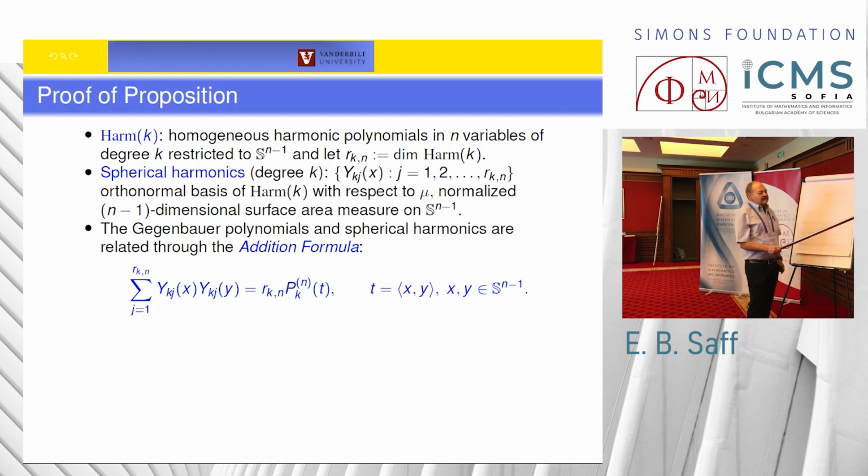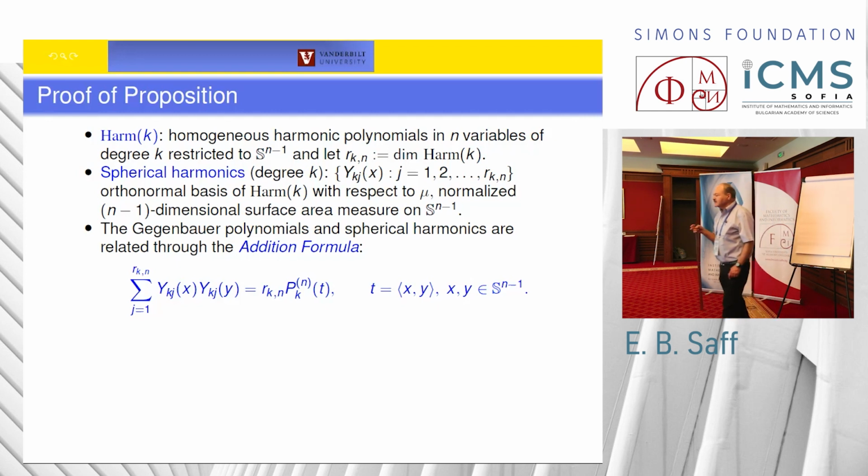All right, now the key is the well-known addition formula for spherical harmonics, which says if you take the sum of this product of these spherical harmonics, first in the variable x, then multiply it by the same polynomial in the variable y, and sum this up over all your basis polynomials, it depends only on the inner product between x and y.